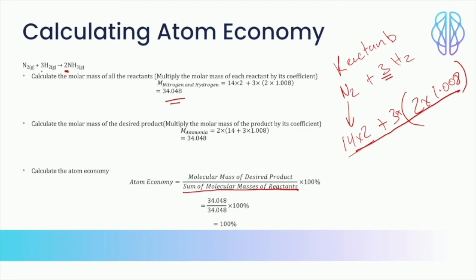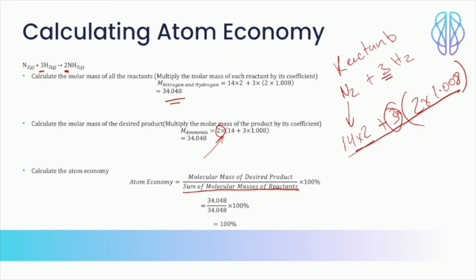Now you might be thinking, why do we multiply? So there's a 2 here, there's a 3 here. Why do we bother multiplying the 3 and why do we bother multiplying the 2, right? Basically, why do we multiply the coefficient in front of the molecule when we're calculating the atom economy? That actually comes down to the definition of atom economy. So let's revise that. Atom economy is a reflection or a percentage of how many atoms originally present in the reactants are used to make the final product, right?